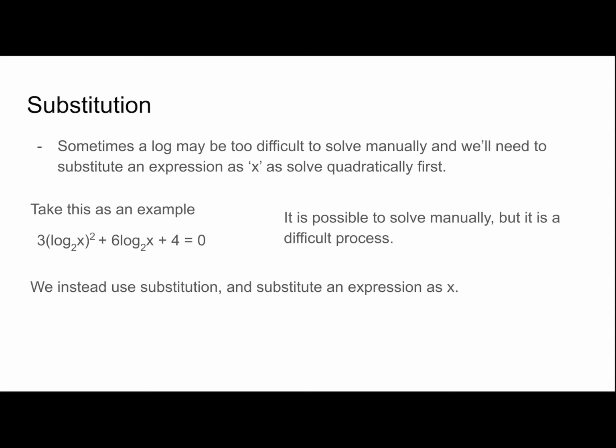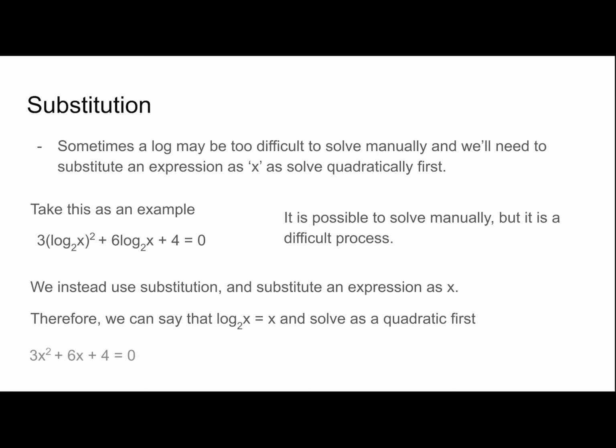So we can substitute log base 2 of x as x. Therefore we can say log base 2 of x equals x and solve as a quadratic first. And this will just become 3x squared plus 6x plus 4 equals 0. And that's how you would model an equation for substitution.